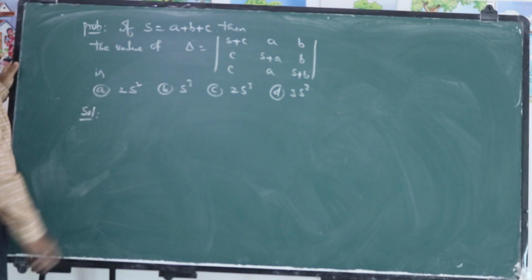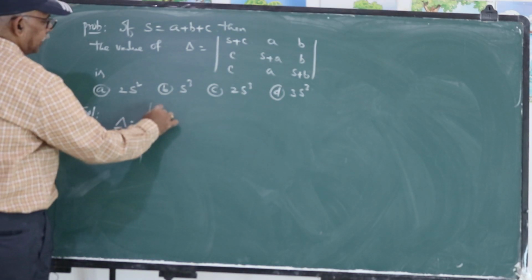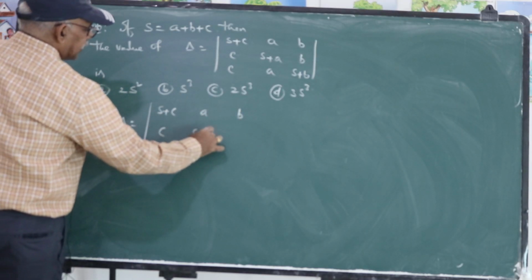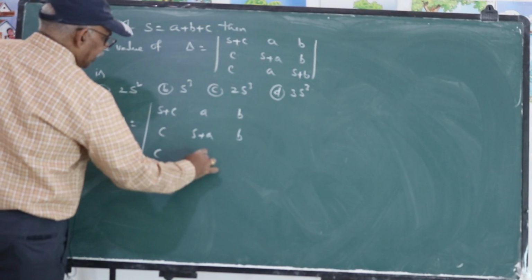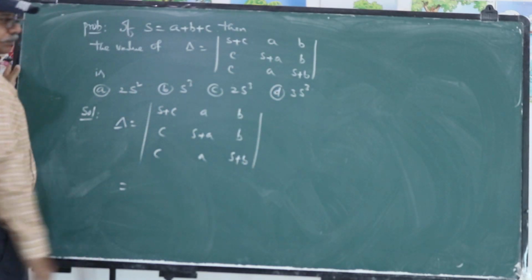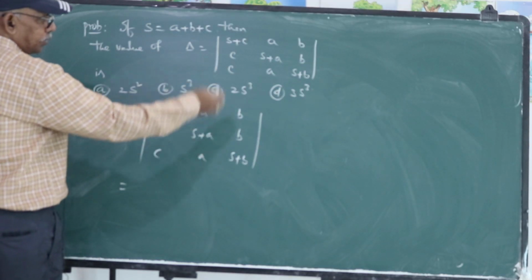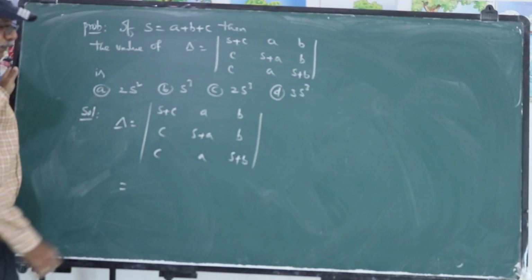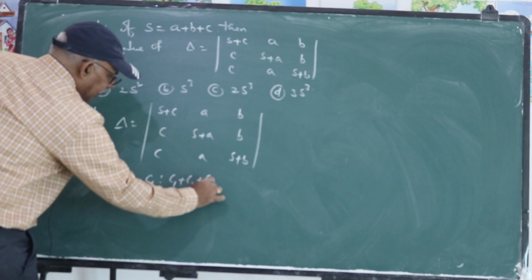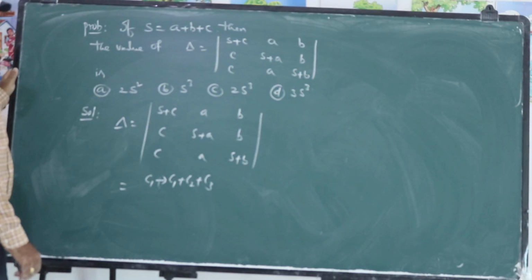Now coming to the solution, let us consider the determinant delta: S plus C, A, B; C, S plus A, B; C, A, S plus B. Adding column wise, this is column 1, column 2, column 3. Consider C1 goes to C1 plus C2 plus C3.